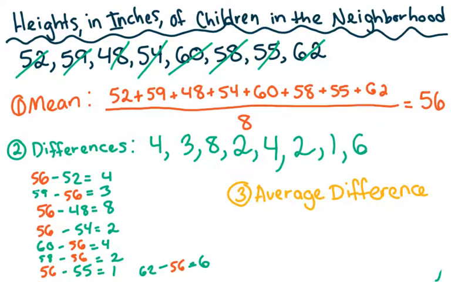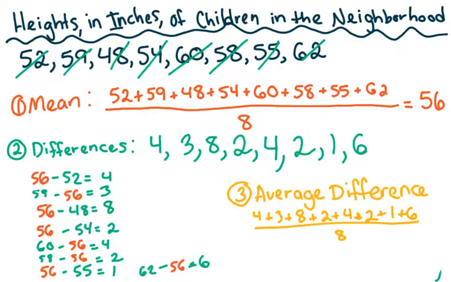Now we're going to do the last step, which is finding the average difference. We need to add 4 plus 3 plus 8 plus 2 plus 4 plus 2 plus 1 plus 6. And divide that sum by 8 because there's 8 differences.